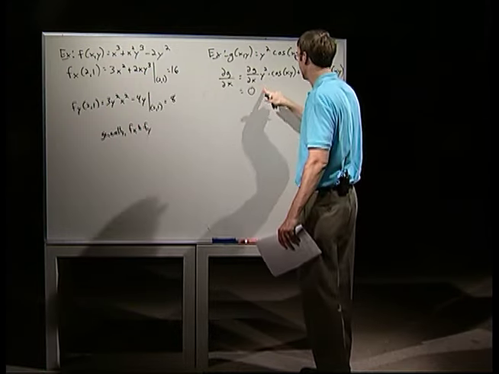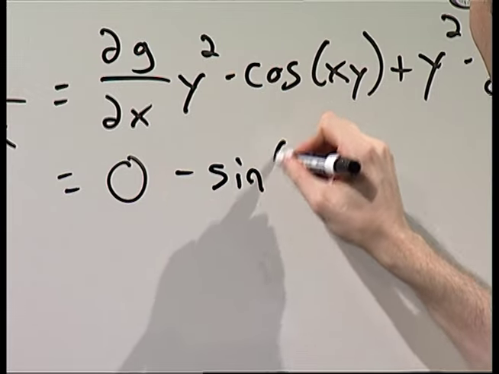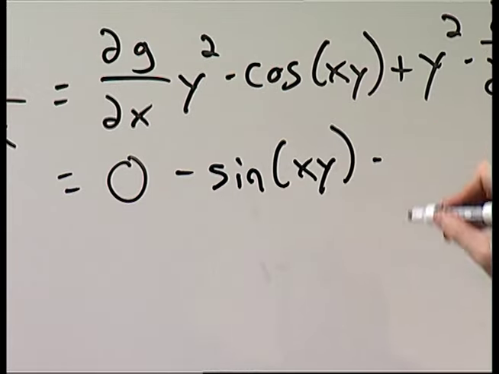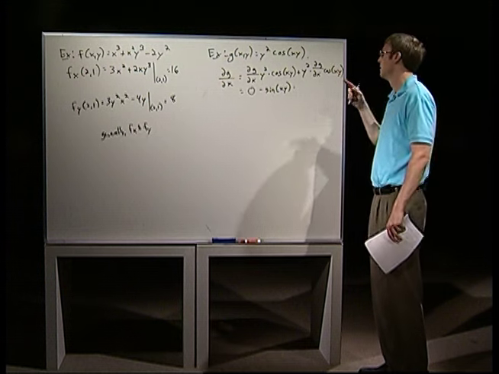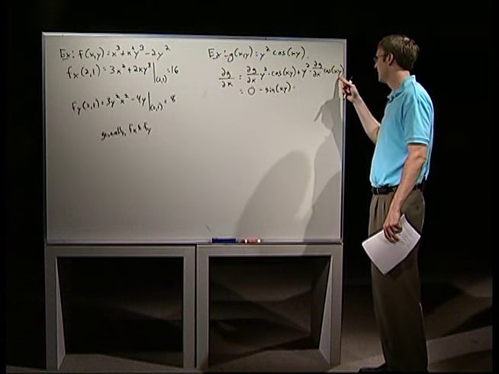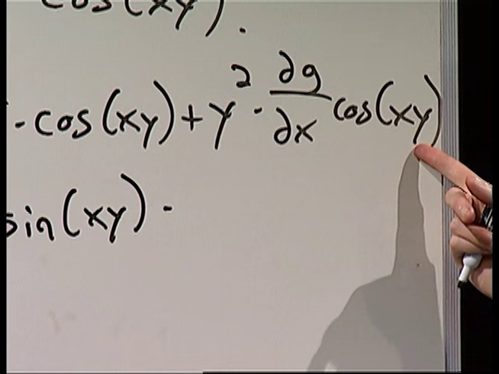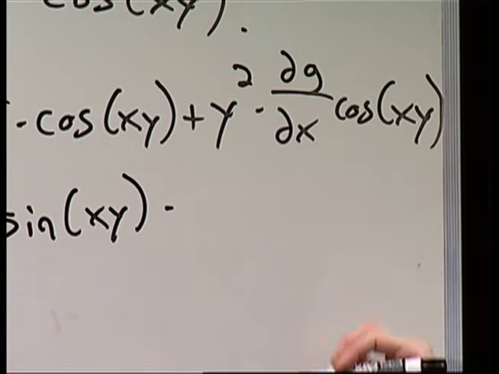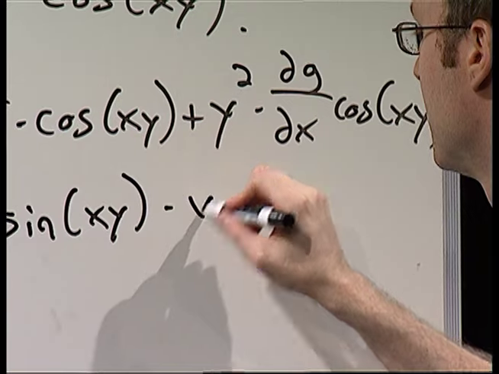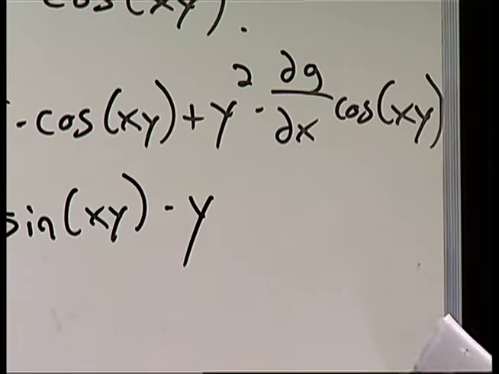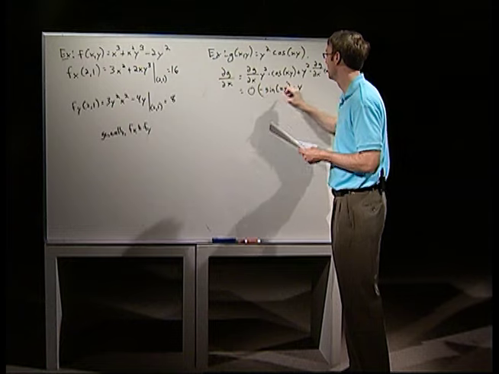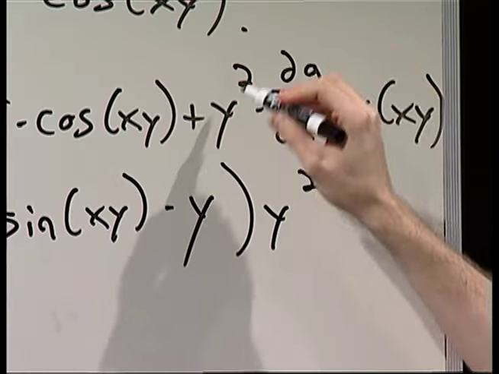It's still a minus sine xy times the inside guy's derivative. What is this inside guy's derivative? It's x times a constant, right? Its derivative is just the constant. So we look like that, and then that whole thing times this y squared here.